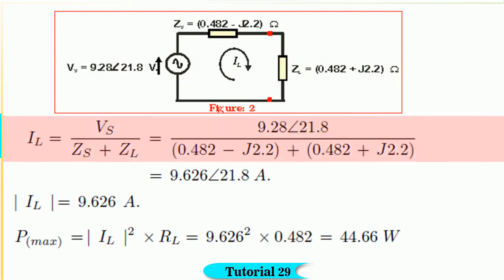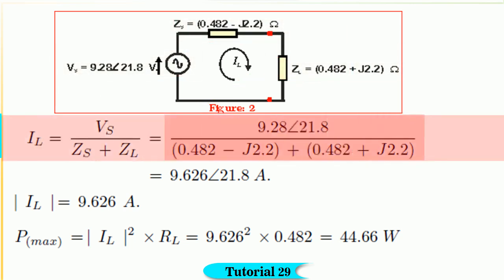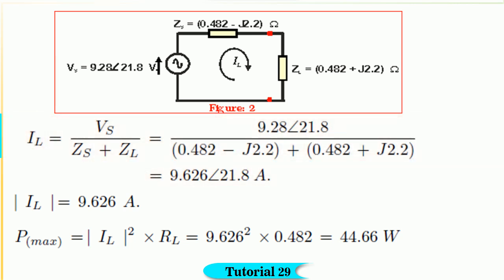But IL is equal to Vs divided by Zs plus ZL. So, by substituting the values, we get IL is equal to 9.626 angle 21.8 amperes. Therefore, mod of IL is equal to 9.626 amperes.